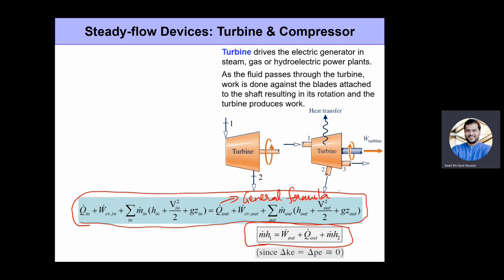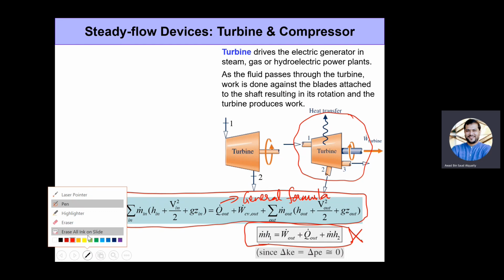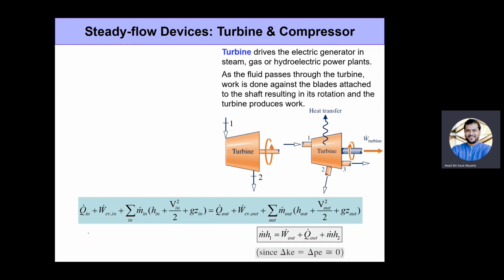But this formula, which is very specific to a single inlet, single exit turbine, will not be provided. You should know how to derive it from the general formula, or you can remember it. It's your choice. Same way, if I give you a turbine with single inlet, two exits, you should know how to derive it from the general formula. So this is all about turbines. We will solve problems on turbines, of course, to give you a better understanding of how this all works out.